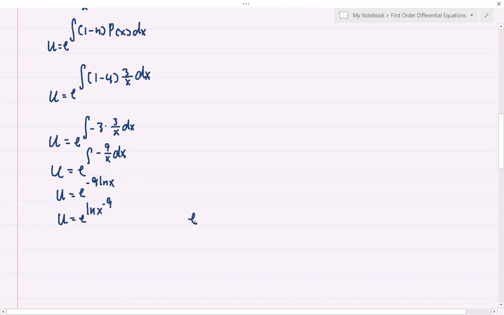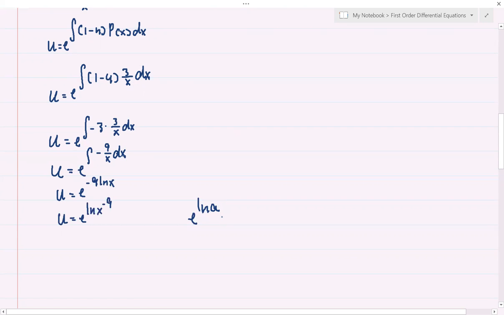And if ever you have a base of e and then you have a natural logarithmic function, all you need to do is cancel the e, cancel the ln, and copy what's inside the natural logarithmic function.